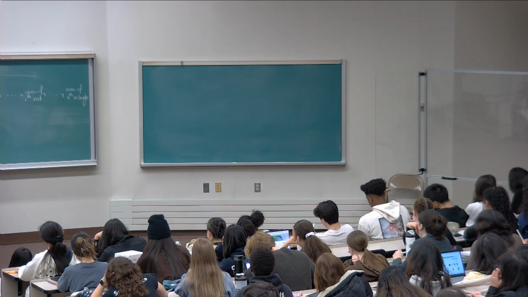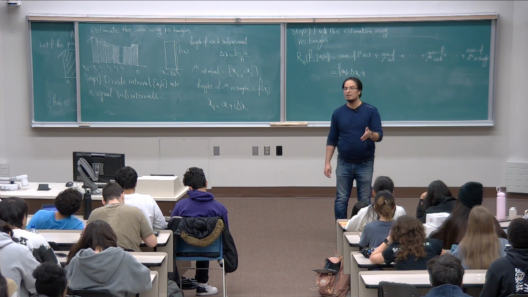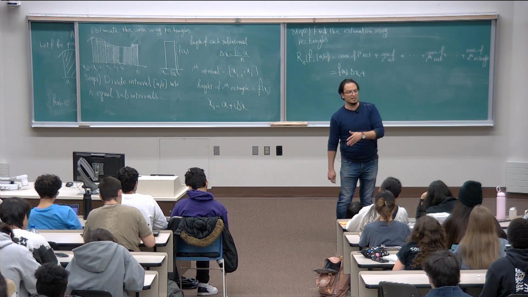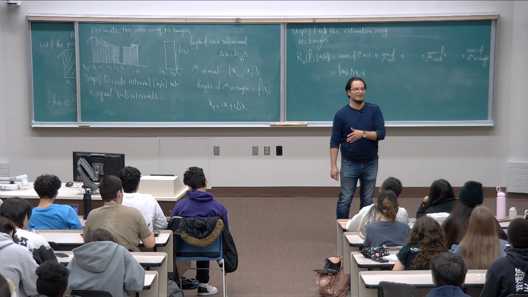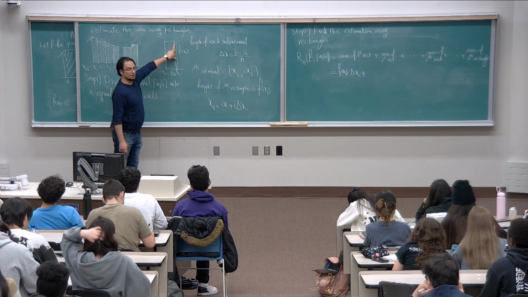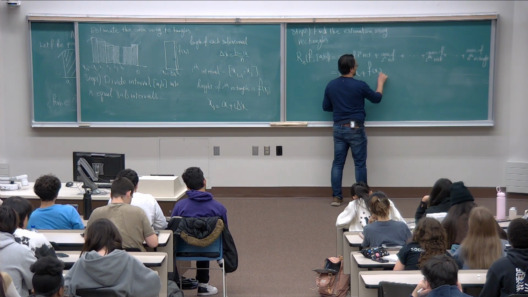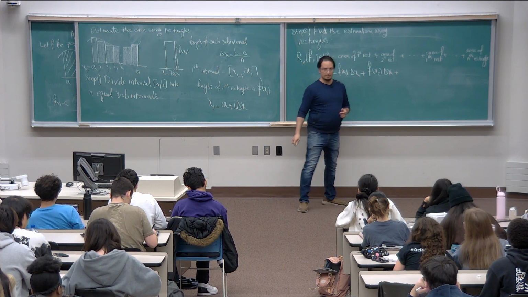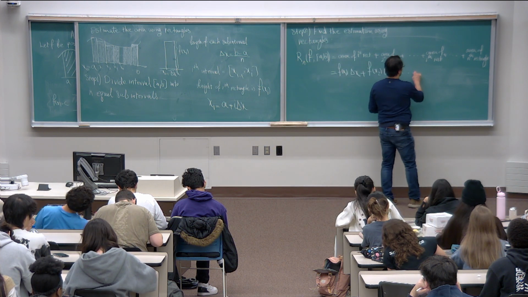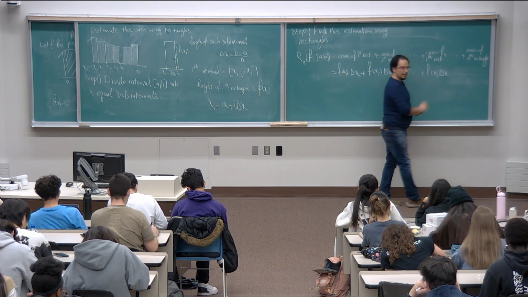The area of the second rectangle then is f of x2. You're not with me today. f of x2 is the height of the second rectangle times delta x. And for the ith rectangle, I have f of xi times delta x.